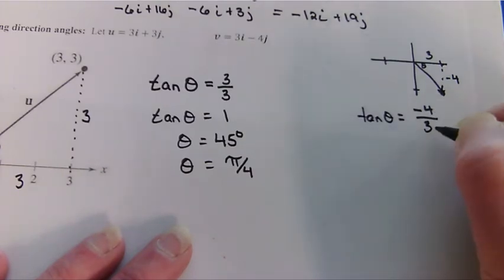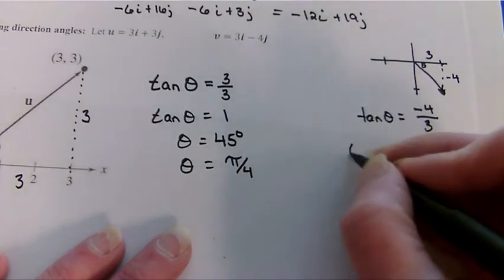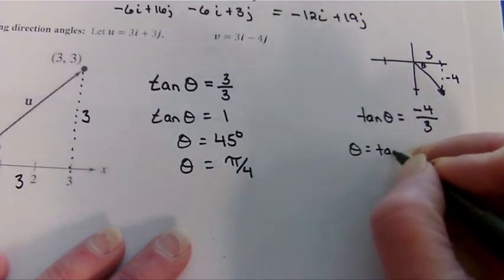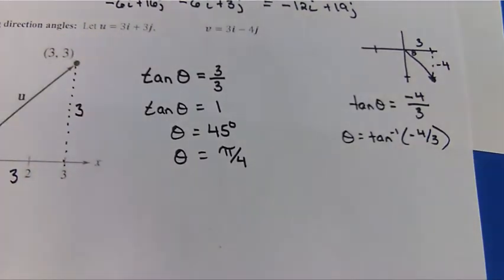Oh, it's the slope. Now this one I don't know off the top of my head, so I would do inverse tan of -4/3. And I'm going to put mine in degrees.